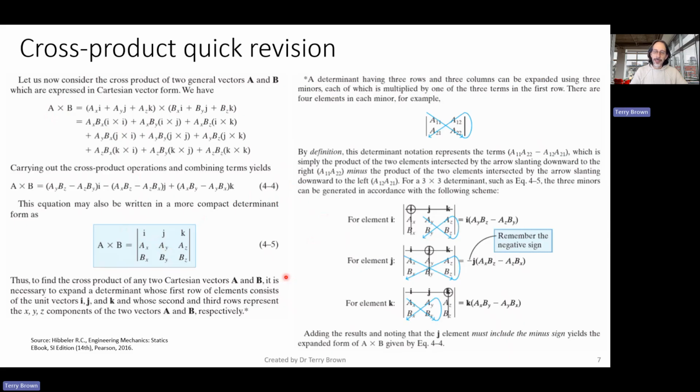Okay, so again, if you need to, go back and revise your maths modelling from previous semesters for how you determine the determinant. So you can just multiply through like this, or you can use the determinant method. And I've got a couple of examples coming up where firstly I just multiply everything through, and secondly I use the determinant.